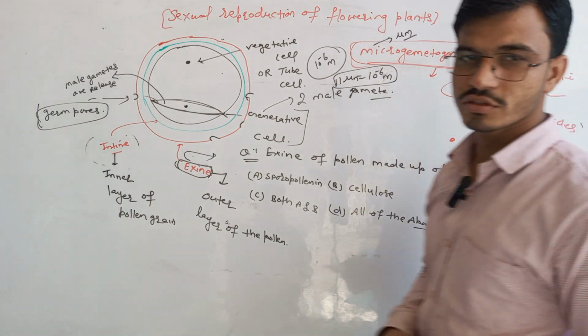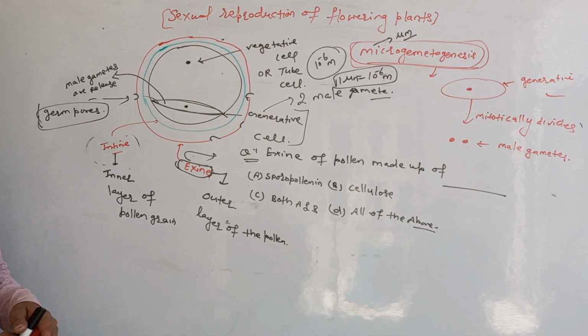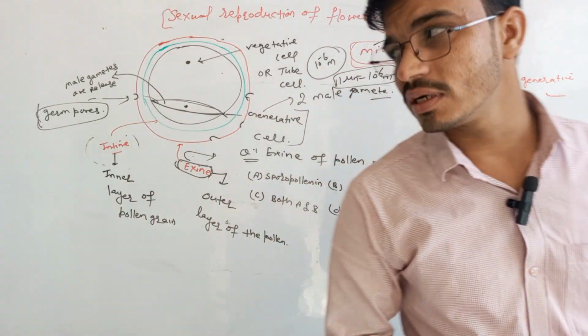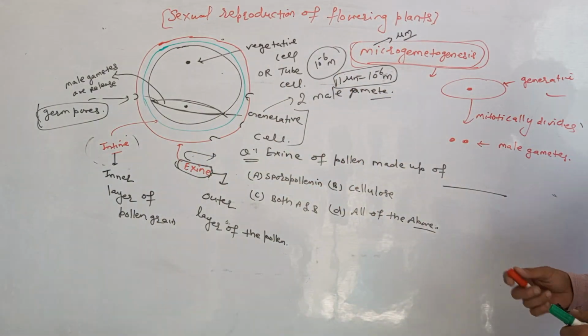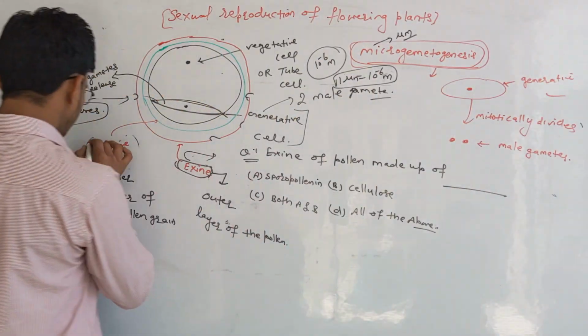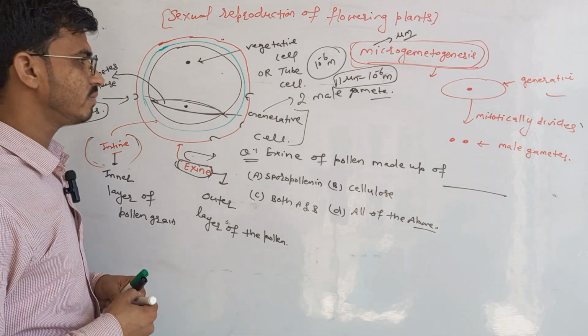Students, if you have any query or question regarding this topic, you can ask me freely. This topic is very important for the board exam and sometimes NEET, because different types of questions may arise in the NEET exam.